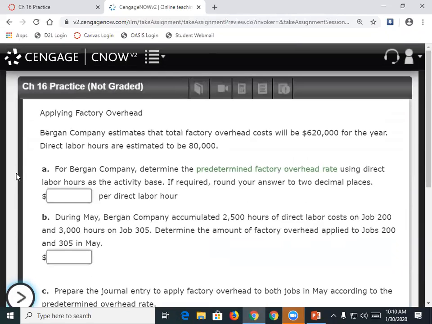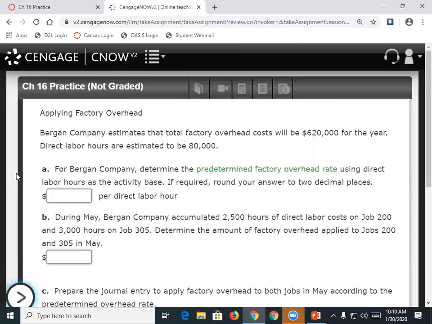So we're going to calculate a predetermined factory overhead rate. It tells us Bergen Company estimates total factory overhead costs will be $620,000 for the year. Direct labor hours are estimated to be 80,000. So those are both estimates. Part A says for Bergen Company, determine the predetermined factory overhead rate using direct labor hours as the activity base.